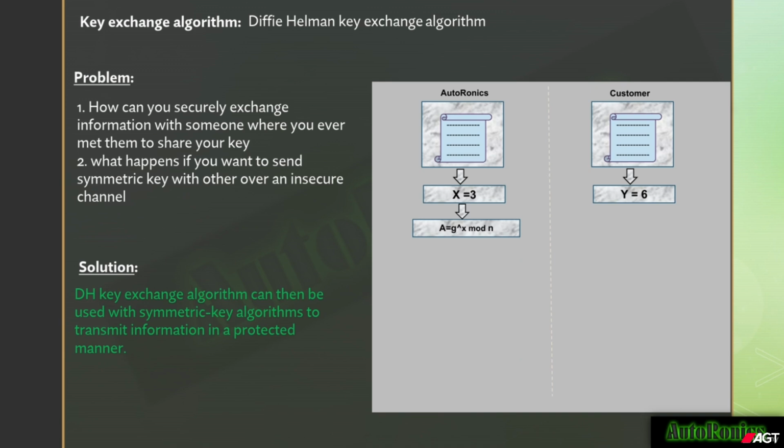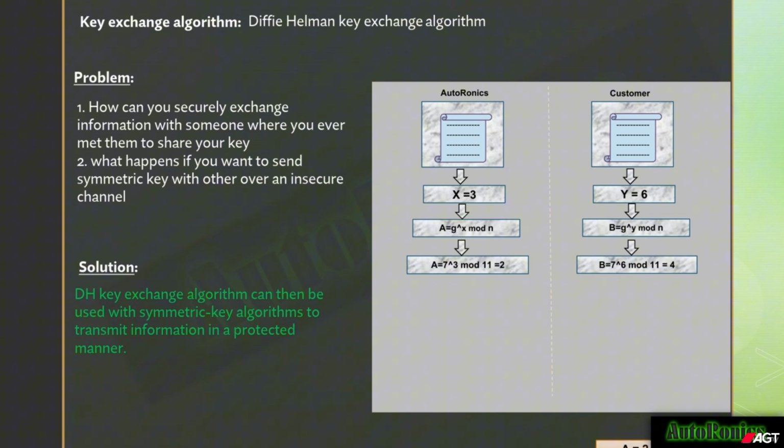Let's say that both the entities agreed upon modulo n as 11 and the base g as 7, as you can see in the formula. Then Autronics will calculate this and get his own number, A. So Autronics calculated the number A, which is 2. Here the customer also calculates the same thing and gets the number 4.